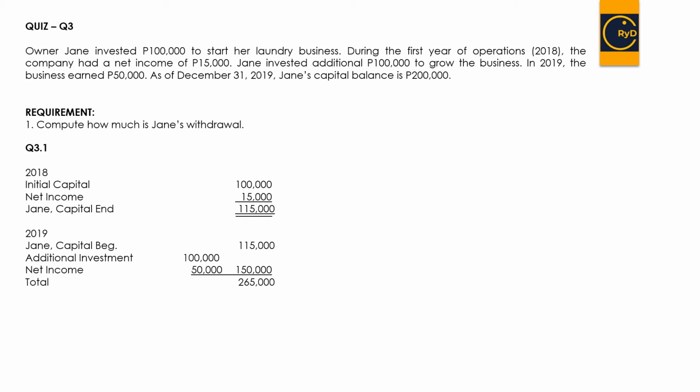And then to get the drawing, we just deduct the ending capital of Jane at 200,000. So there you can get Jane's drawing for the year 2019. It's at 65,000.